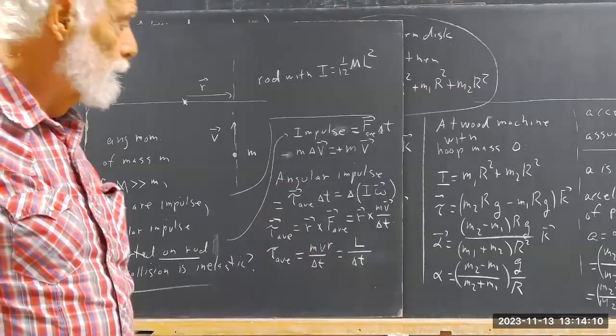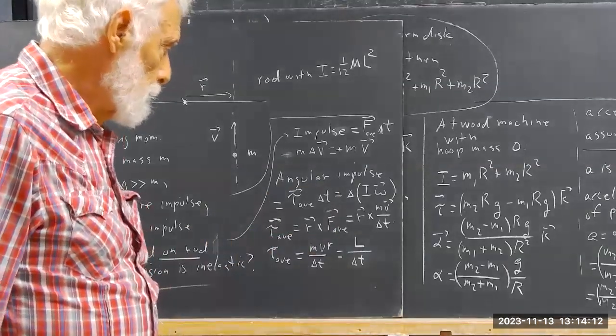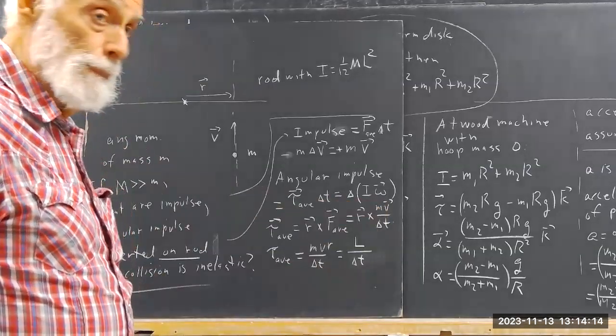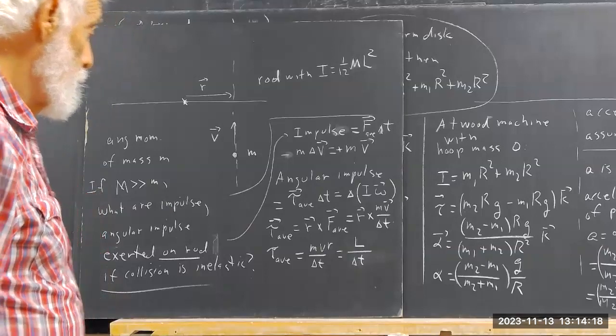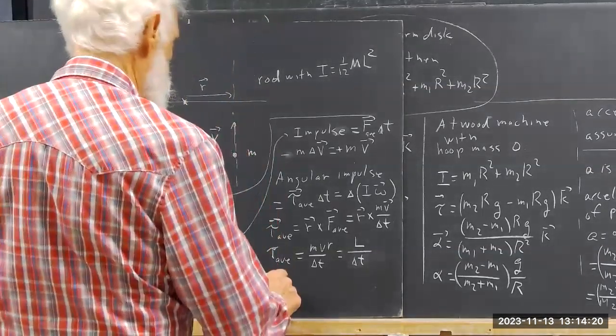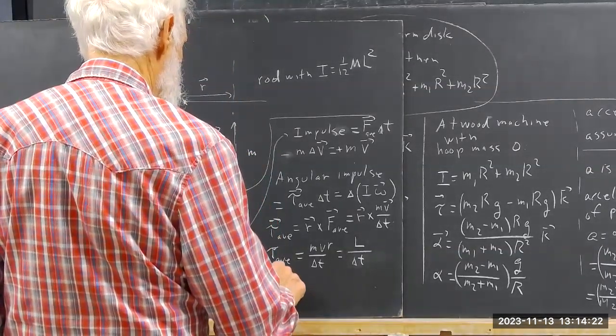Now, if I work the vectors in, it's a little more complicated, but R cross V gives you the direction of L. And I'll wave my hands a little bit.